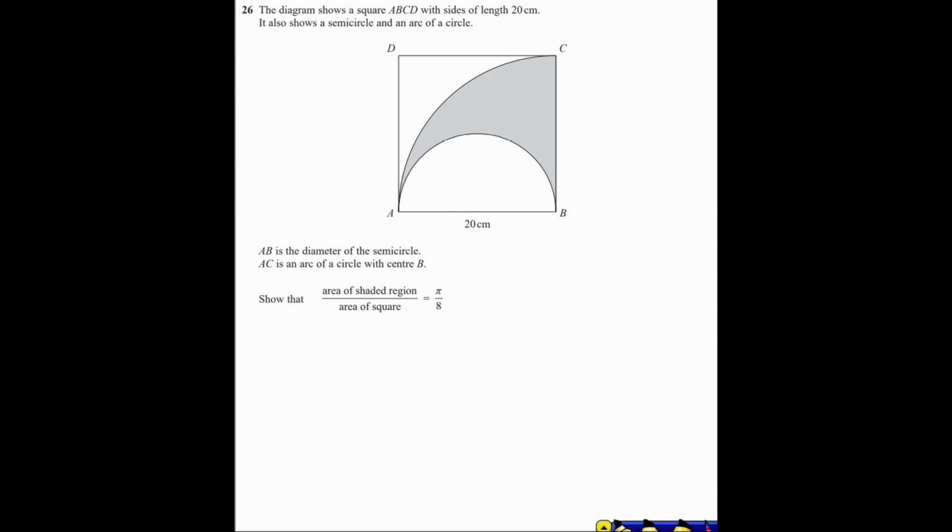We're then given some information. It says AB is the diameter of the semicircle. Okay, so AB quite clearly is the diameter. This, in other words, is half a circle.